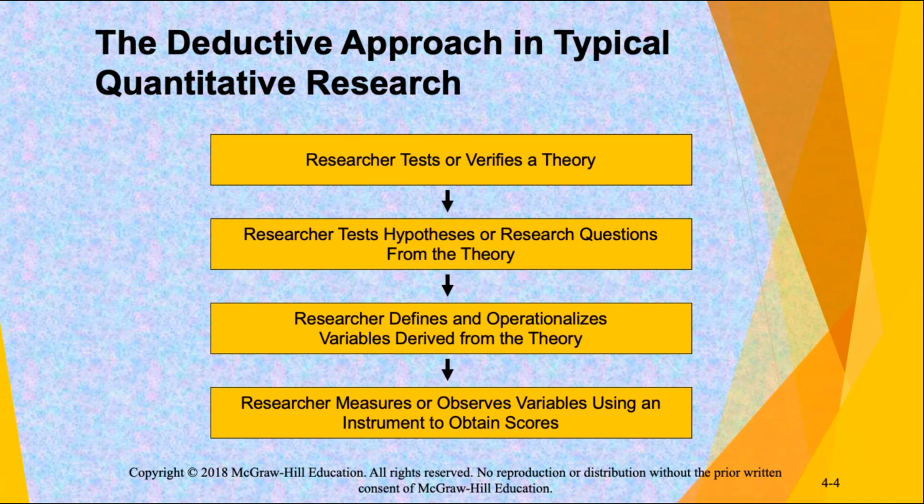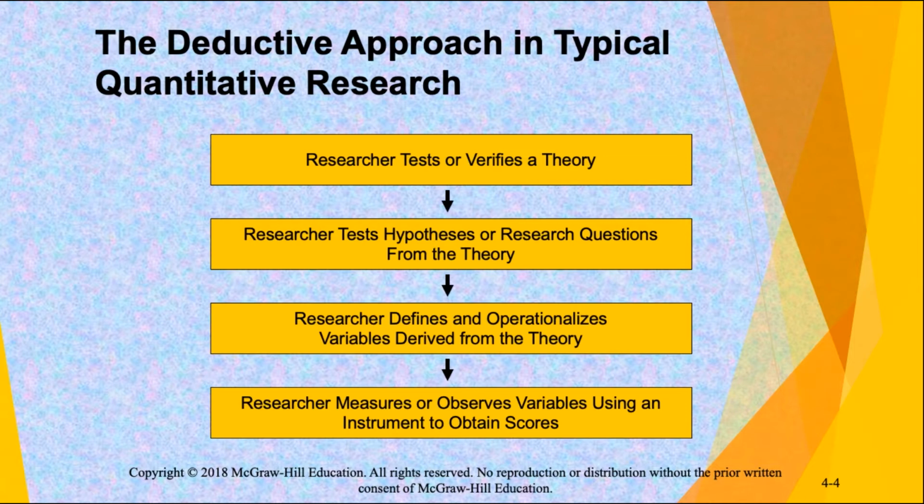So again, I would like to remind you that this is a deductive approach, and it is from top to bottom, which is the opposite of the inductive approach, from general to specific. So the first thing, the researcher tests or verifies a theory. You take the theory, you observe a phenomenon, you apply a theory to explain that phenomenon, to explain the relationship between the variables.